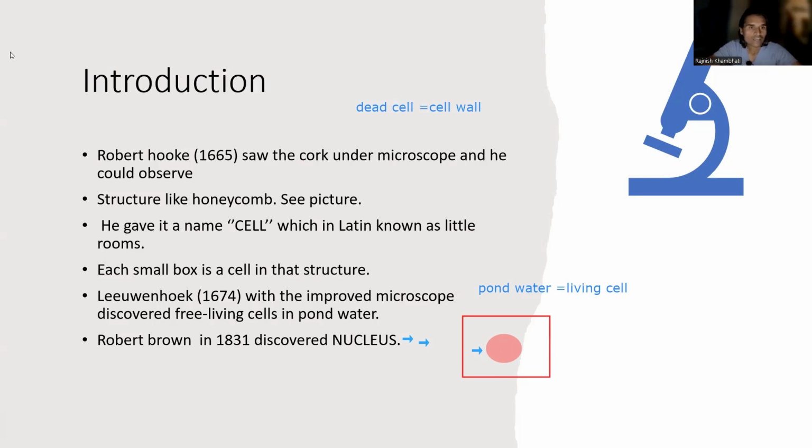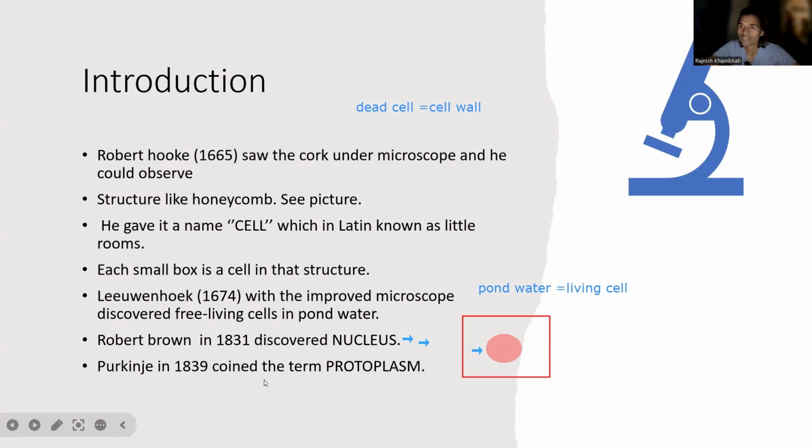Later on, another scientist, Purkinje, in 1839, coined the term protoplasm. Protoplasm and cytoplasm are two terms in a cell. Protoplasm means cytoplasm along with the nucleus.